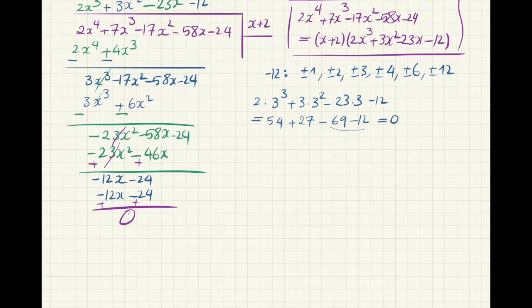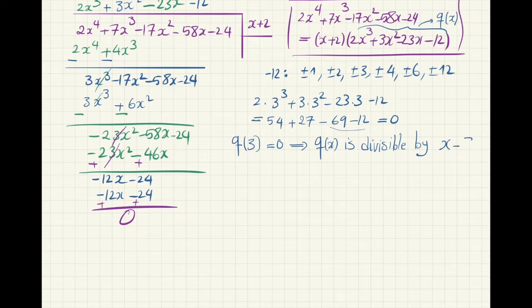Let me call this new polynomial q(x). So I realize that q(3) is equal to 0, which implies that q(x) is divisible by x minus 3.